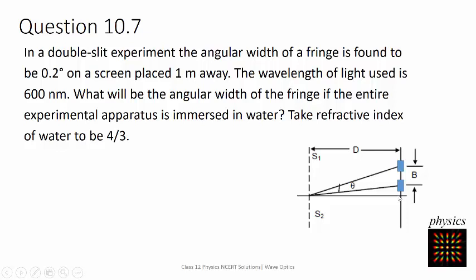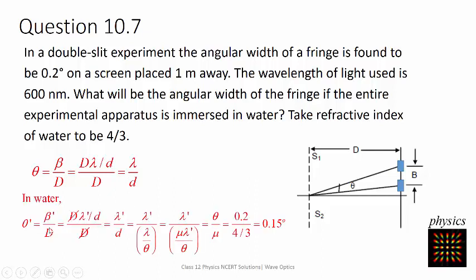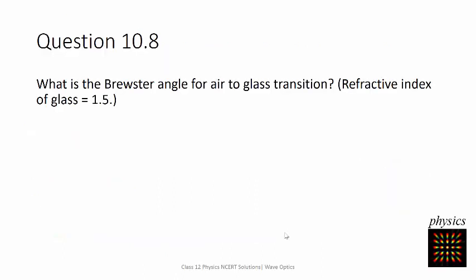The fringe width is very small, so we can take this distance to be still equal to d, and then calculate what is d, or we can also use the equation for d in the second expression, where theta dash is equal to beta dash by d. So substitute for d, which is lambda by theta, and lambda is equal to mu lambda dash, cancel lambda dash, and then you get the answer 0.15 degree.